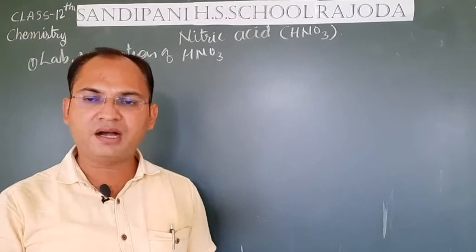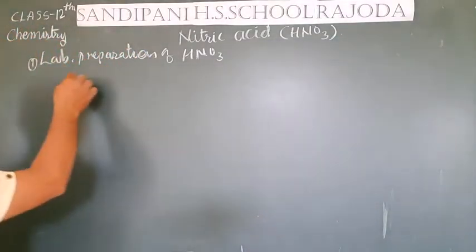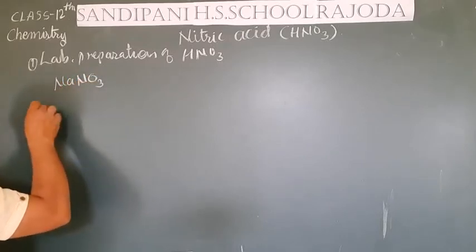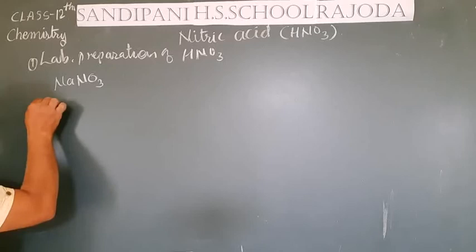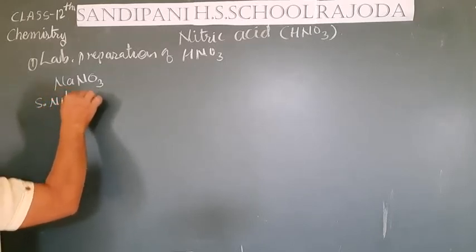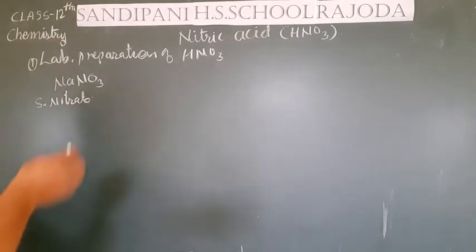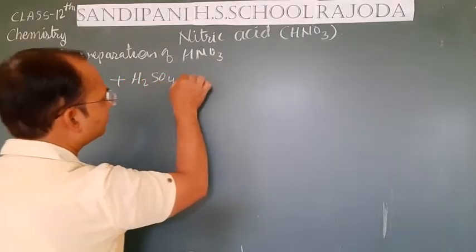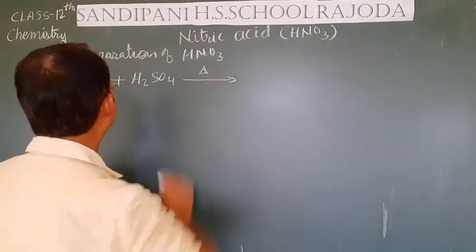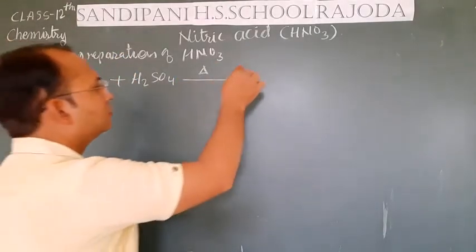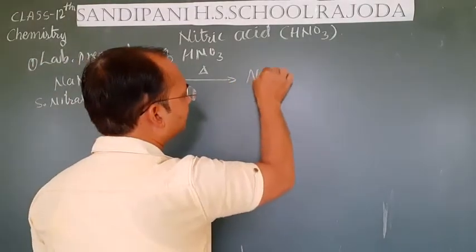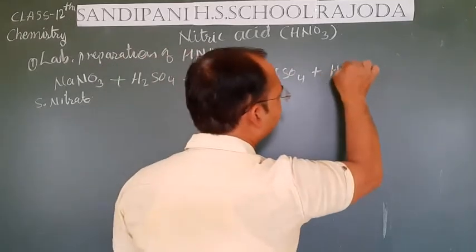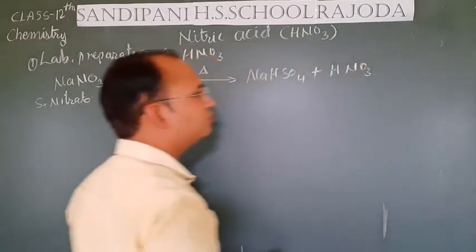Let's see how this reaction takes place. NaNO3, the name of this compound is sodium nitrate. When sodium nitrate reacts with sulfuric acid, that is H2SO4, and they are heated together, then sodium hydrogen sulfate, that is NaHSO4, plus nitric acid HNO3 is prepared.